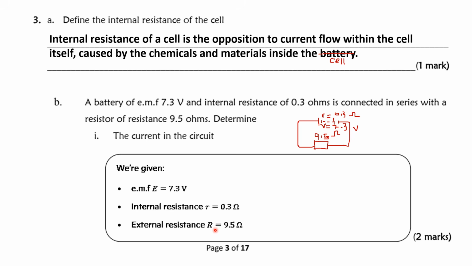So we are asked to calculate current. To calculate current, we use the fact that the total resistance is simply 9.5 add 0.3. We are able to do that because we are told these are in series. So we have 9.8 ohms.